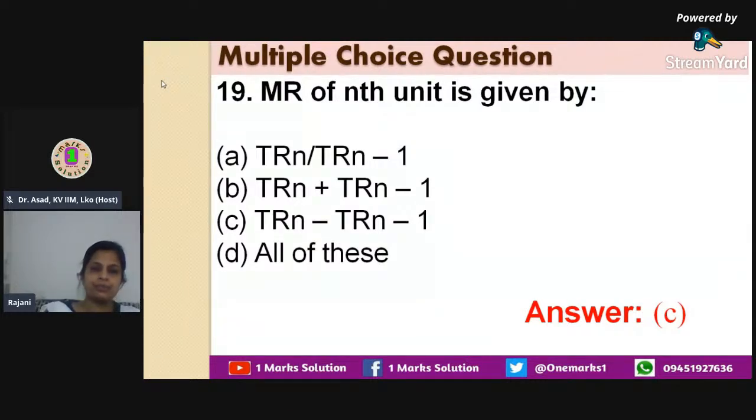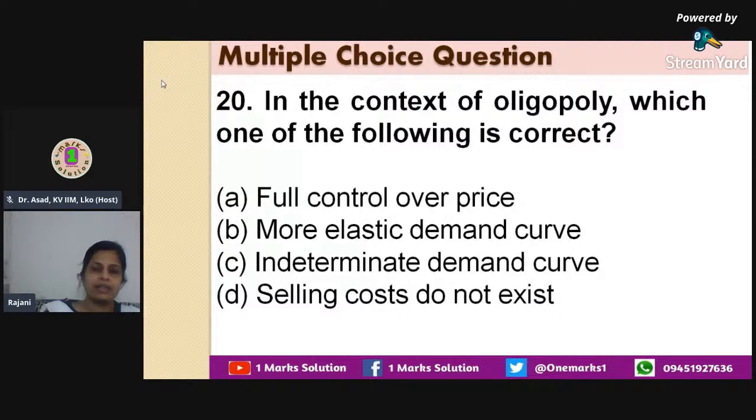Okay, next one. In the context of oligopoly, which one of the following is correct? Again, we come to the market structure. In oligopoly, large firms are sharing the market. Full control over the price?